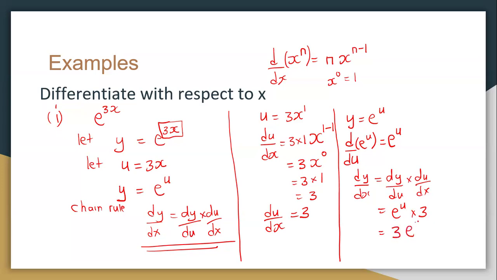So I write e^u, but I know that u we obtained as 3x. So I'll say now 3e^(3x). And now this is my dy/dx. So that is how we differentiate our function. I hope we have understood that. Okay, we can try out the second number.